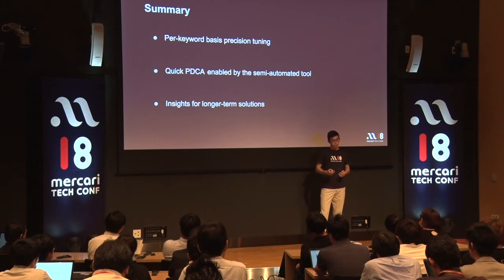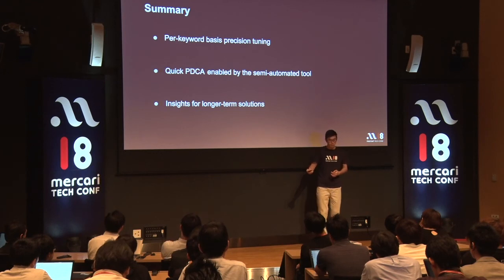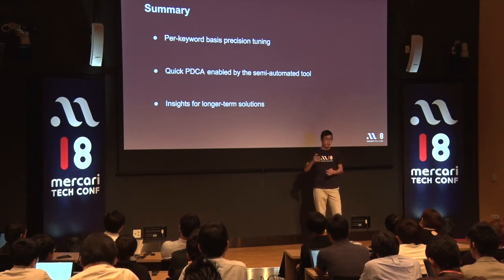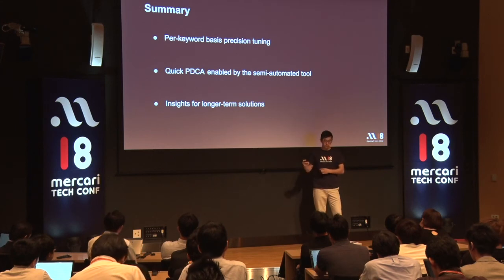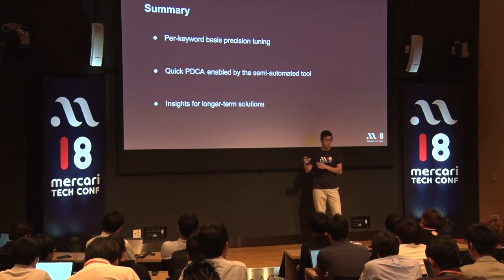Because now we're applying those insights that we gained from running this project into more longer-term solutions to optimize search results, such as learning to rank. By reflecting those insights from this quick solution, we are improving our long-term solution to the bigger problem of optimizing search results.